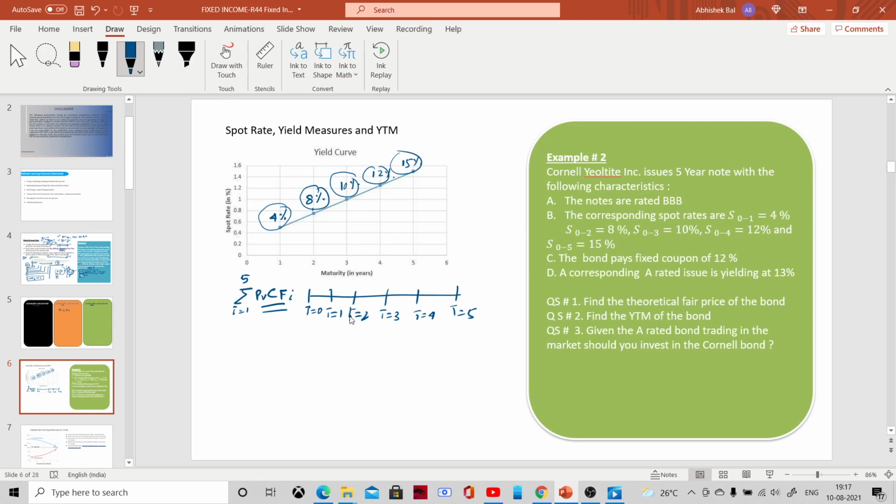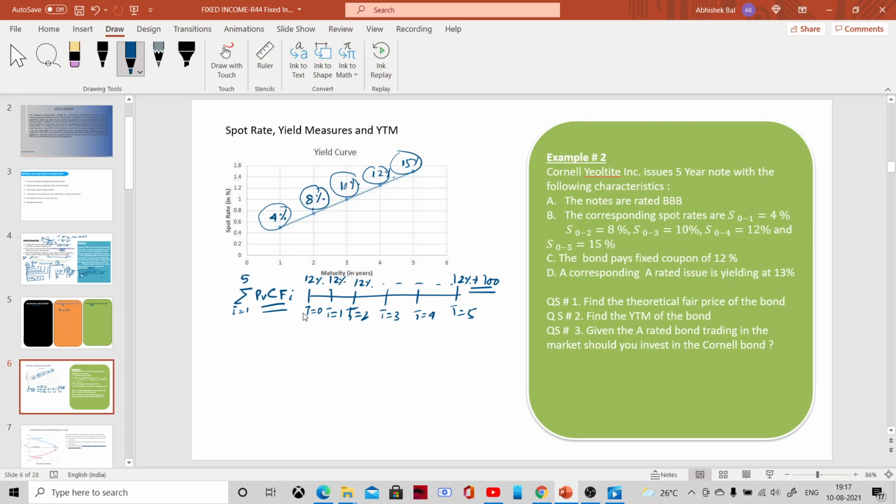Each of these years, I'm going to receive 12% as my coupon, because the bond pays a fixed coupon of 12%. And in the last year, I'm going to receive 12% plus my principal, which is 100%. So this basic premise must remain the same.